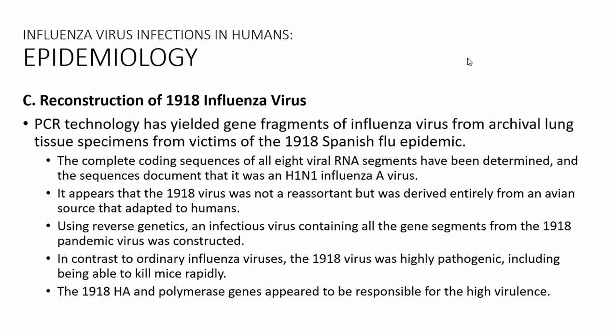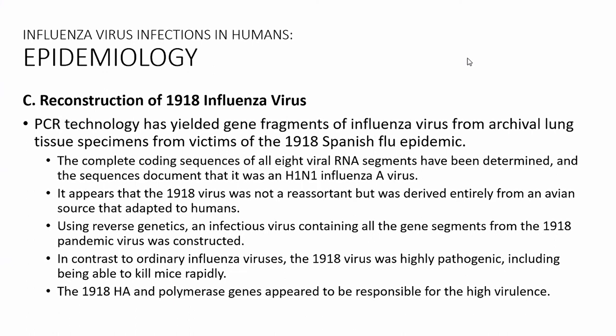So PCR technology has yielded gene fragments of influenza virus from archival lung tissue specimens from victims of the 1918 Spanish flu epidemic. The complete coding sequences of all 8 viral RNA segments have been determined, and the sequences document that it was an H1 influenza A virus. It appears that the 1918 virus was not a reassortant, but was derived entirely from an avian source which adapted to humans.